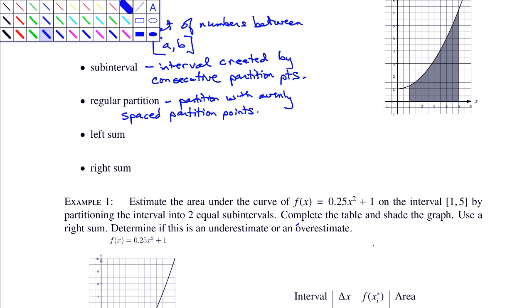Then we have a left sum and a right sum. A left sum is a sum created using left endpoints from subintervals.